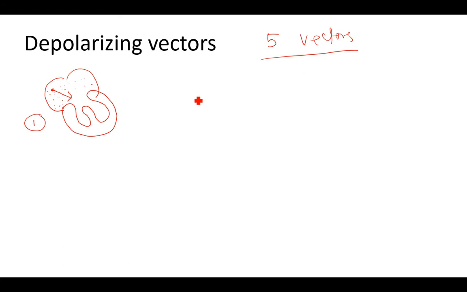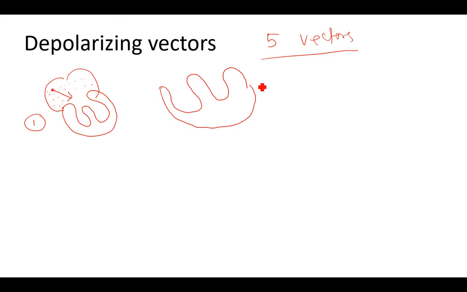Now let us see the second vector. As we have already seen that atria is already depolarized, now I am not going to draw the atria. I will draw the ventricle alone. Okay, so I am drawing the ventricle. You know, left ventricular muscle mass is more. So this is the ventricle.